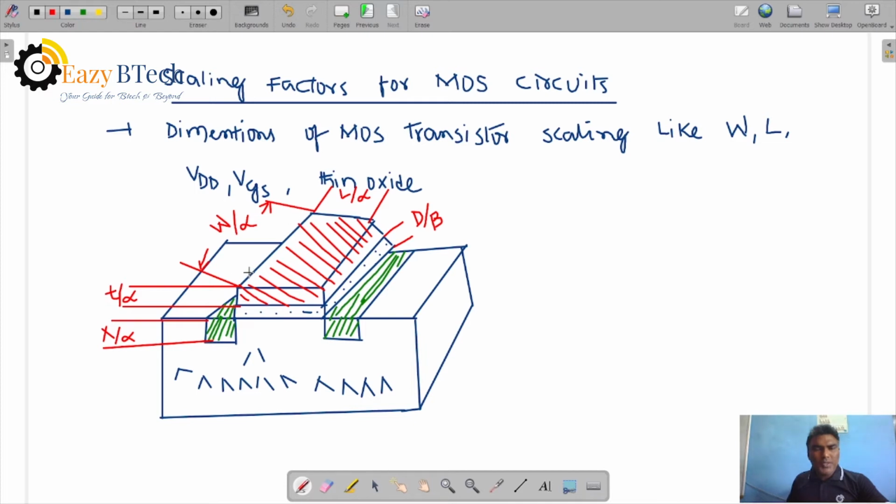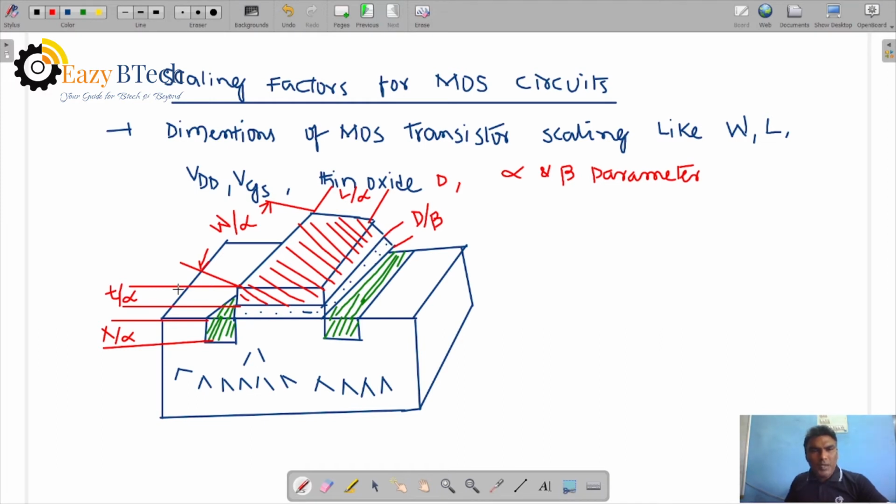So W is the width of the polysilicon scaled by alpha, and length of this polysilicon reduced by alpha. Thickness of this SiO2 layer, thin oxide D is reduced by beta. Alpha, beta parameters.